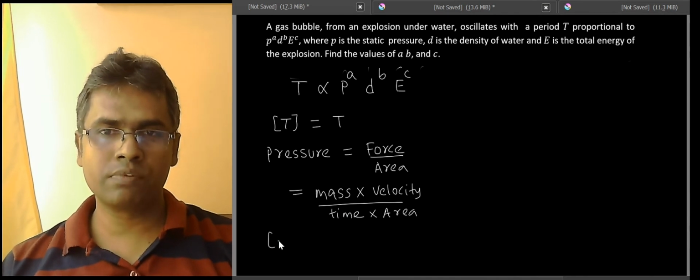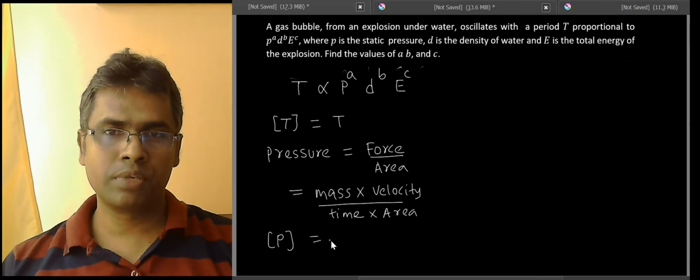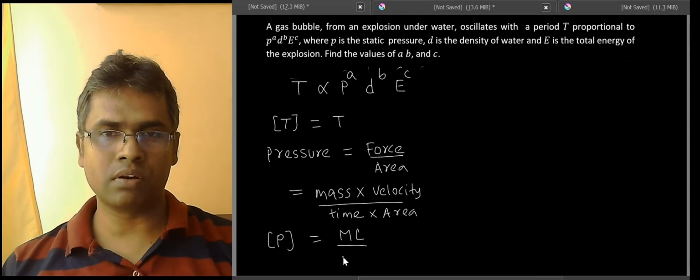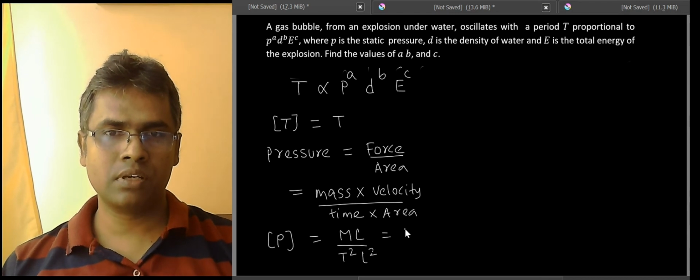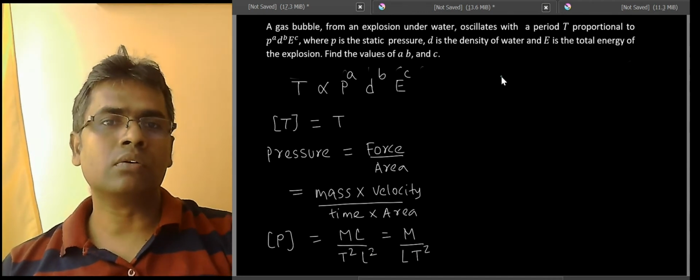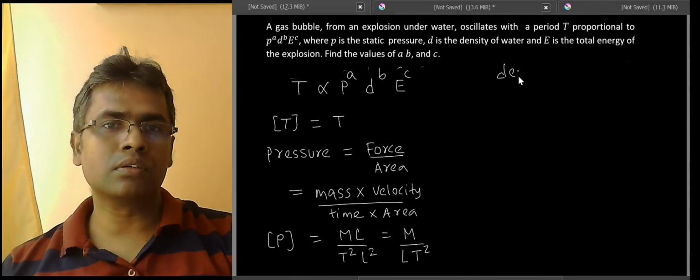So the dimensions of pressure will be mass, and then velocity is distance over time, so L over T. There is time in the denominator already, so we have T square, and then area, so this will be mass by length into T square.